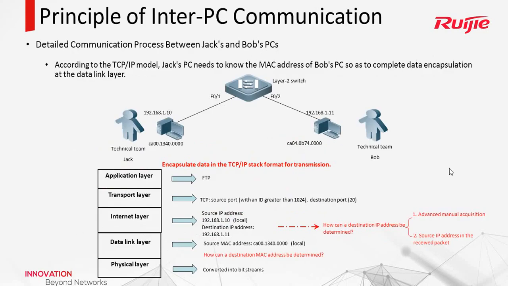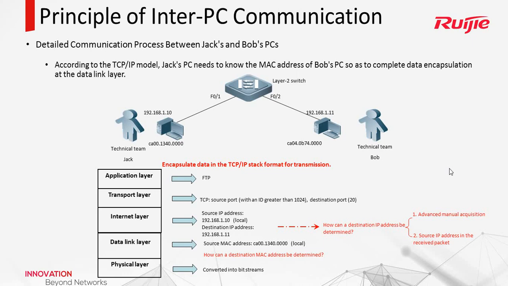Remember that when Jack's PC sent the FTP packet, it needed to encapsulate it first. So the application layer is the FTP protocol, and at the transport layer, FTP belongs to TCP, then the internet layer.